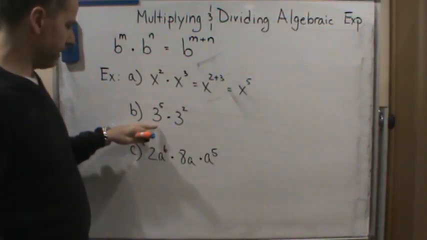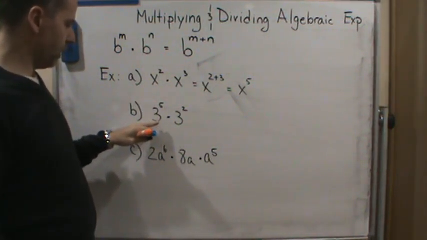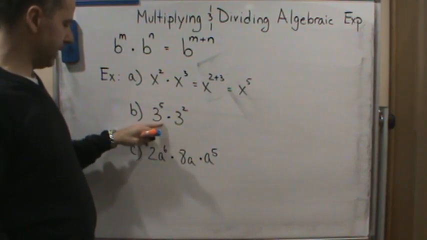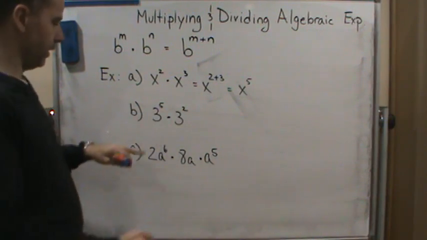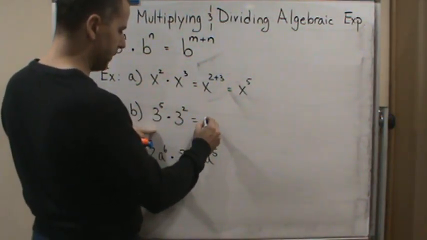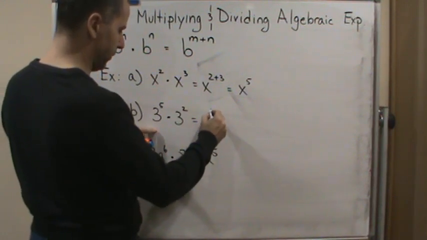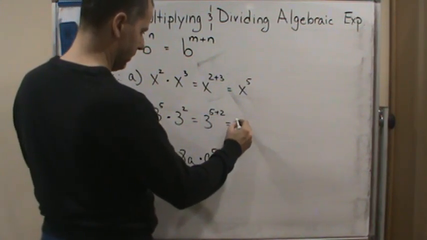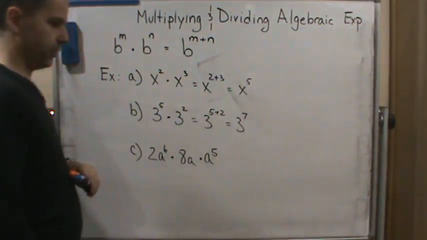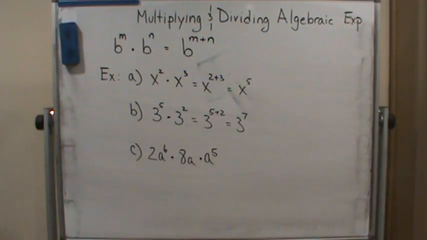Likewise here, I've got two numbers with the same base and with exponents. So I keep the base and add the exponents. So I get 3 to the 7th.